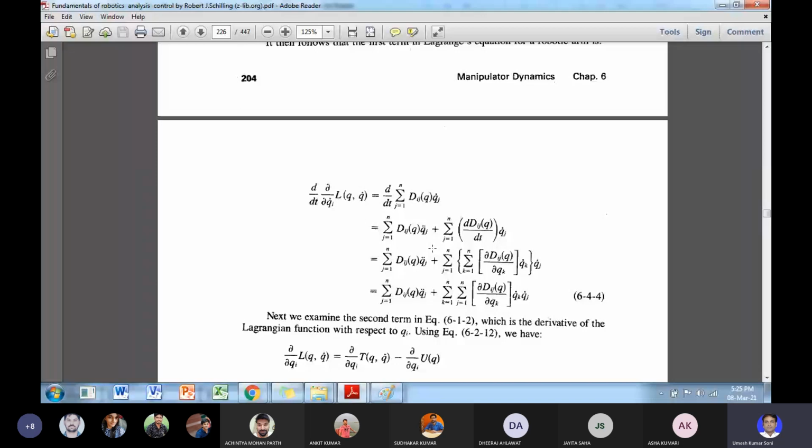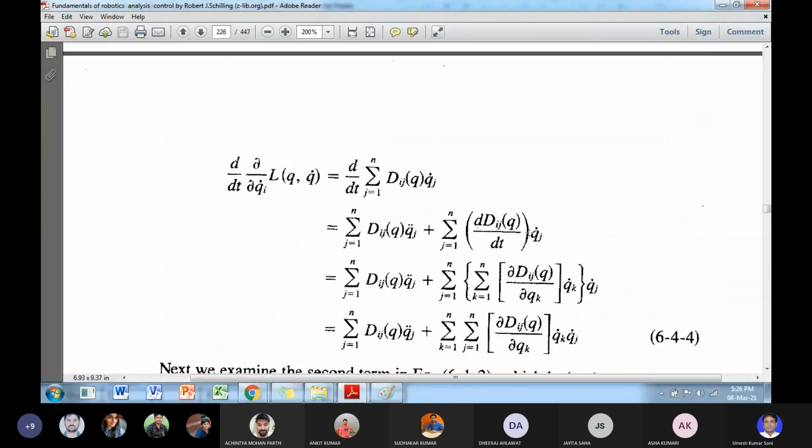Now we are taking the derivative with respect to time, and this term q_j is also a function of q_k. Here we have taken d_ij(q) into the derivative of q_j dot. Then q_j dot is kept separate and the derivative of d_ij(q) is taken.